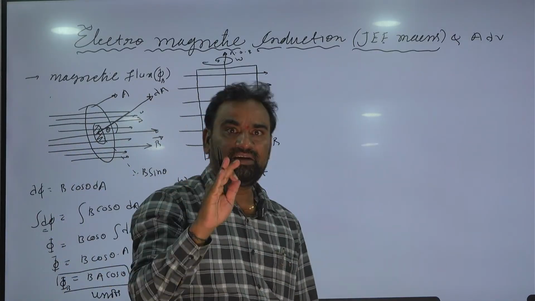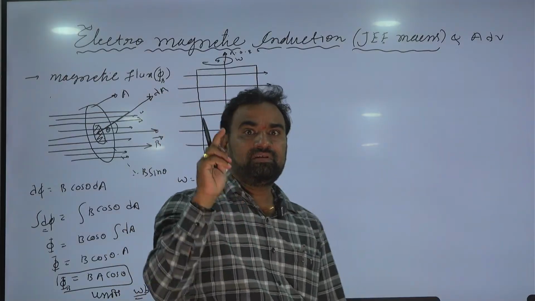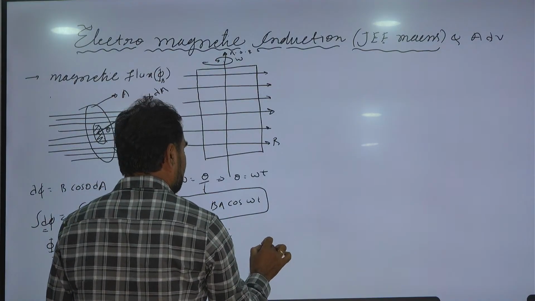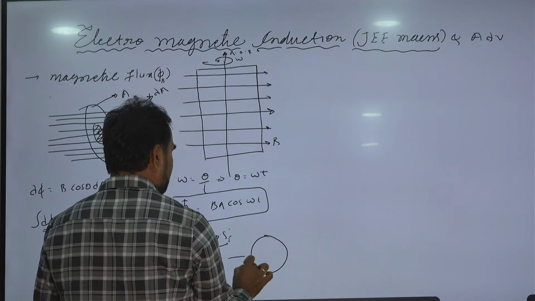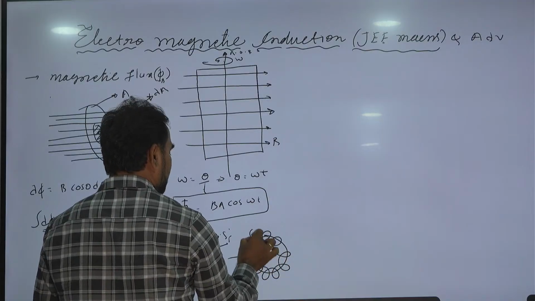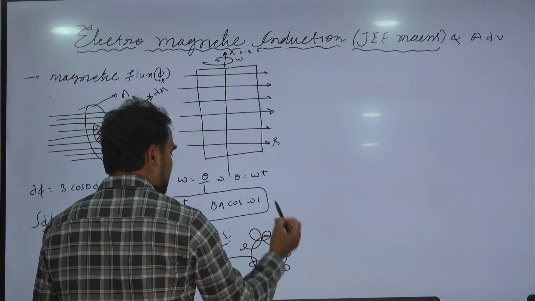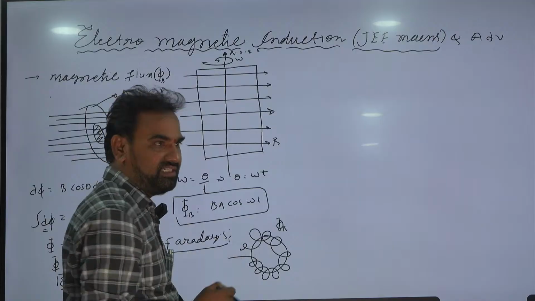The change in the magnetic flux induces an EMF. When a flux changes across the coil like this, an EMF is induced across this coil.